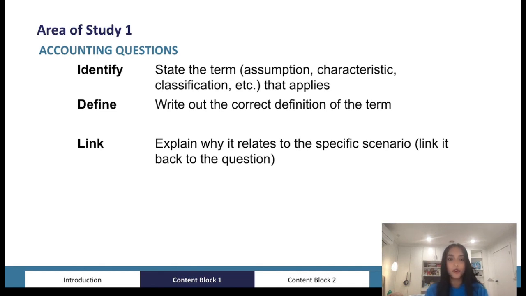And the same goes for the accounting assumptions and for the accounting elements. So assets, liabilities, and current and non-current as well, the definition of owner's equity, the definition of revenues, the definition of expenses. So you need to know all of those definitions.